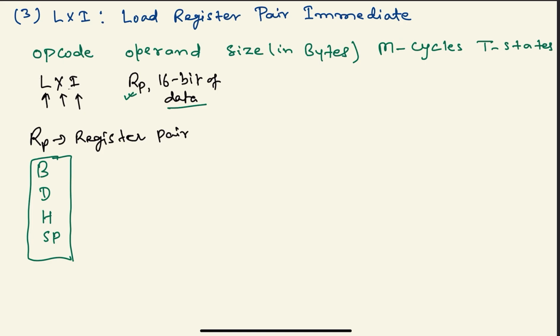For example, we can understand this with the example LXI B, 2050H.